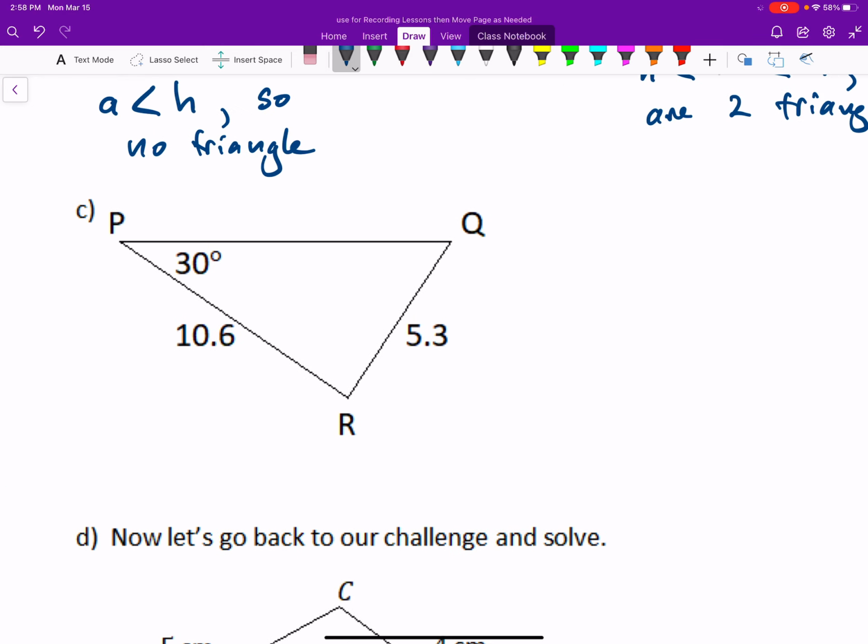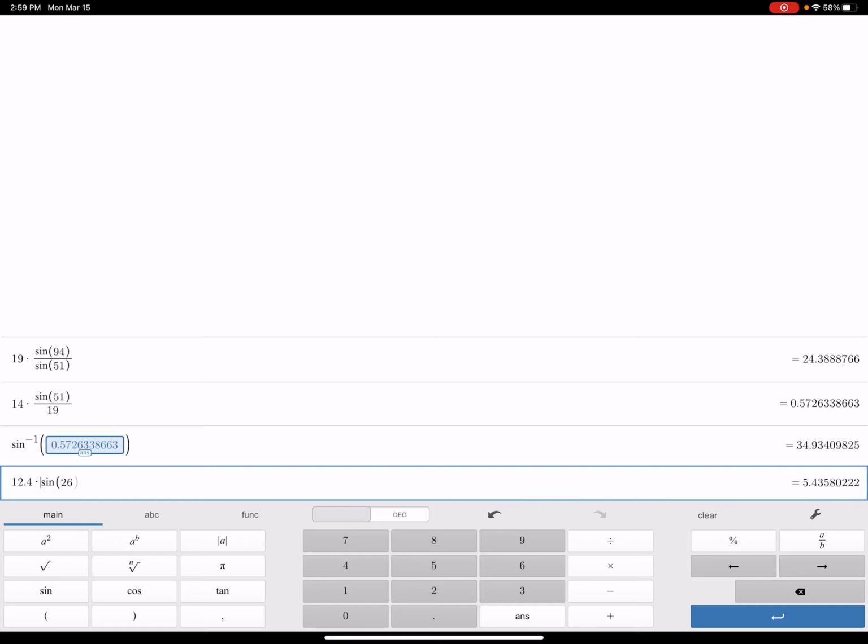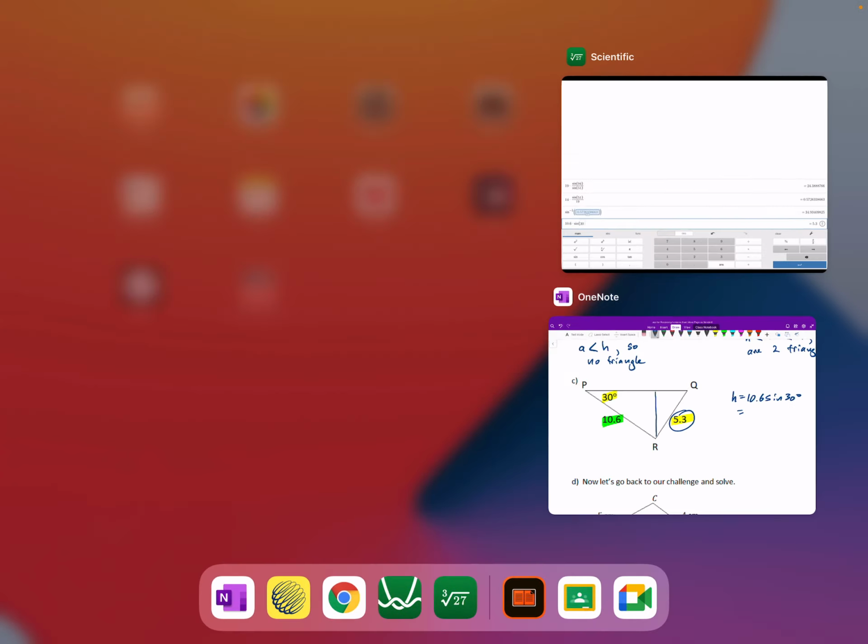Here's one where it is turned around. Again, let's not get hung up on the orientation. I've got the angle and the side across from each other. I've got the other angle. This is the one that I need to compare to things. The height is going to be formed by doing 10.6 times the sine of 30 degrees, which is 5.3.